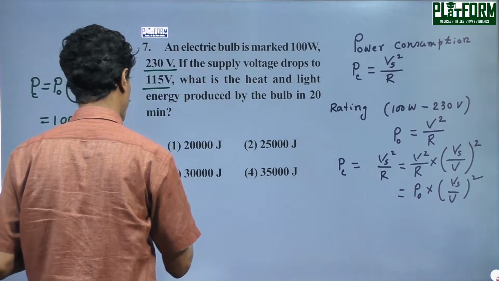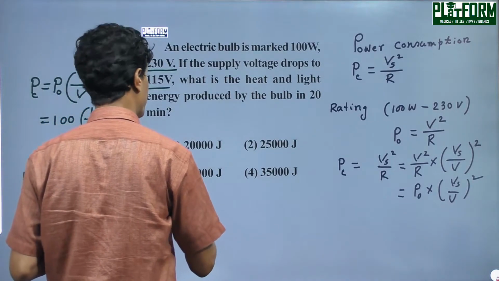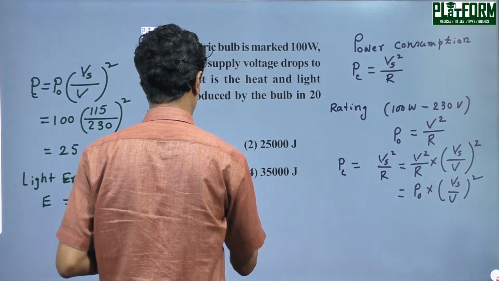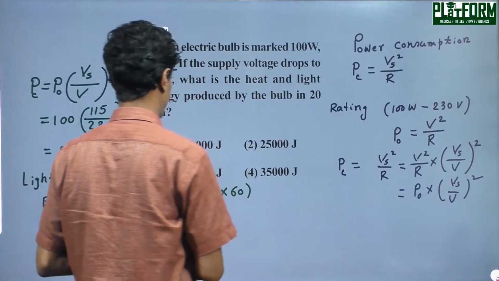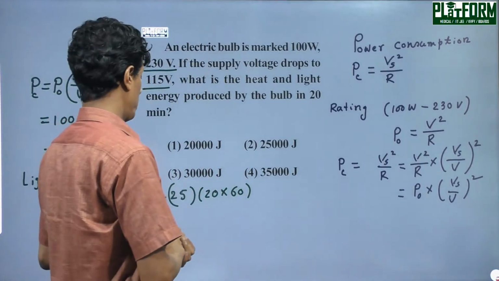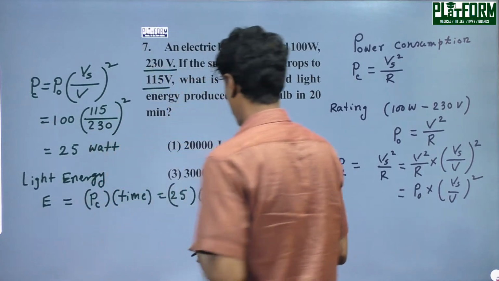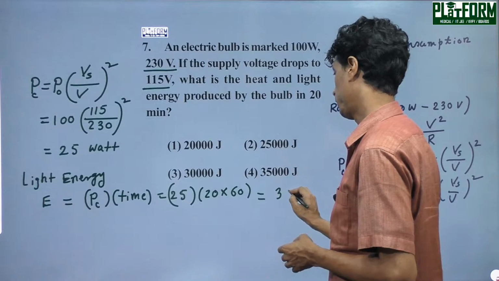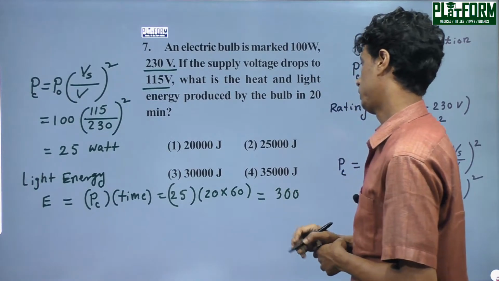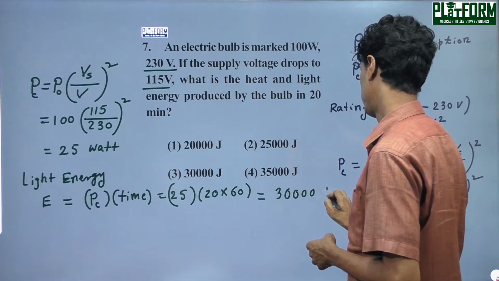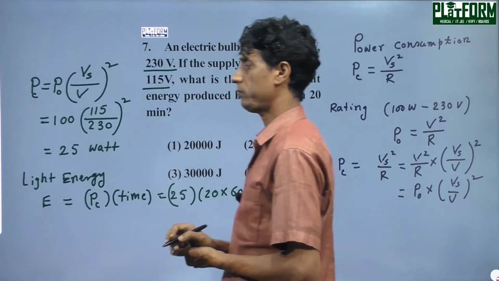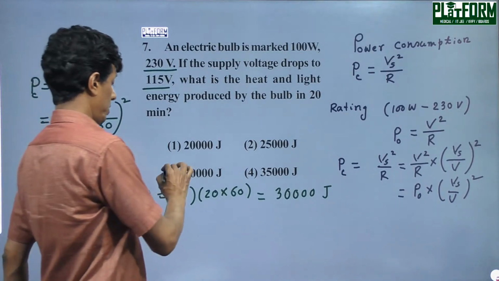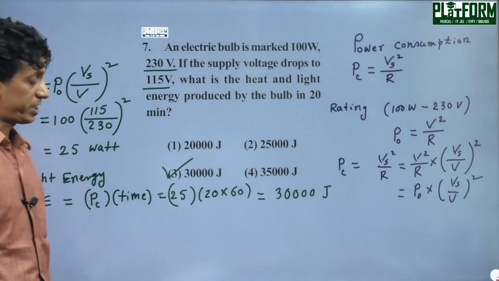Power consumption is 25 watt and time given in this problem is 20 minutes, 20 into 60 seconds. 12 into 25, that is 30,000 joule. Correct option matches here. Option number 3. Next problem.